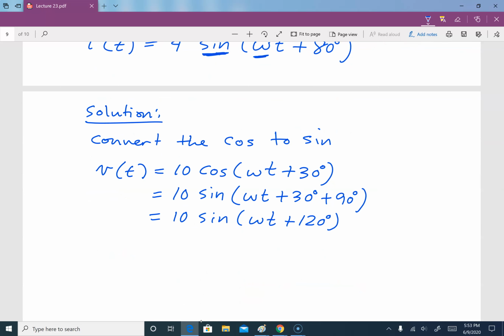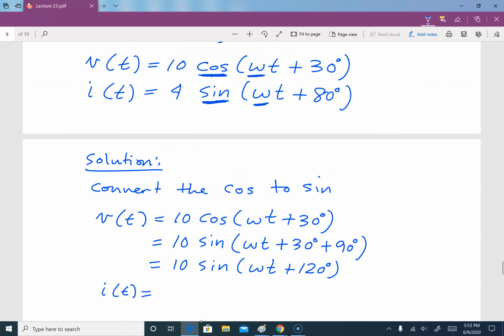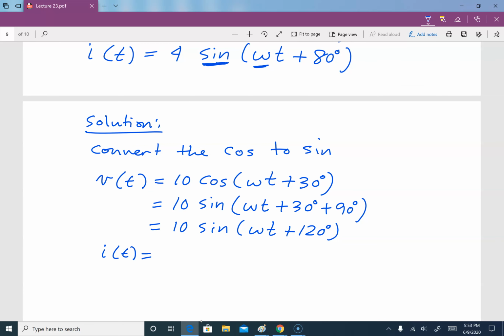So now we have the V of t, and our I of t is given as 4 sine omega t plus 80 degrees. Look at this. Now the V is in sine and the I is in sine. This is at 120, this is at 80.